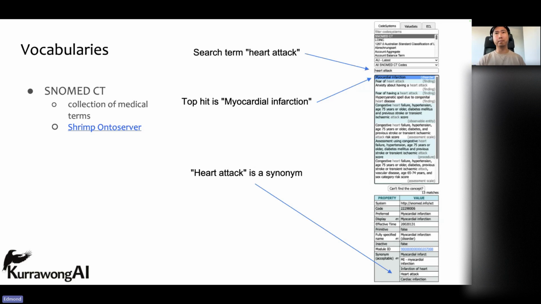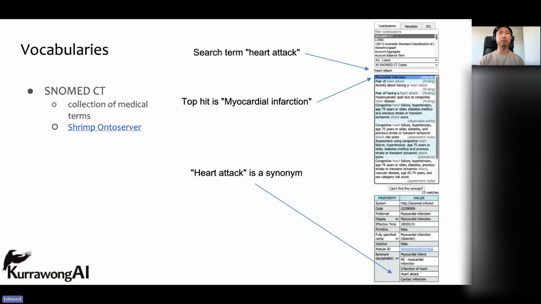And from here, you can imagine doctors and medical staff using systems that use SNOMED CT, and they can go in and type different medical terms. So for example, heart attack, and get results back. You can imagine doctors writing medical notes, and they can start tagging these notes with certain things. By typing heart attack, the first hit that comes back is myocardial infarction.